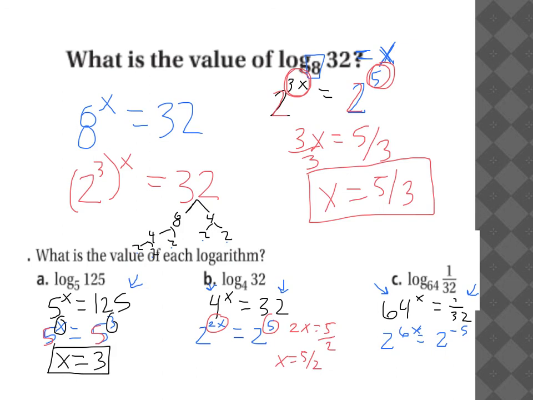And for my last one, they both have a base of 2, so I can set my exponents equal to each other. So 6x is equal to negative 5, divided by 6, x is equal to negative 5/6. So those are my 3 final answers. Make sure you took great notes and have a wonderful day.